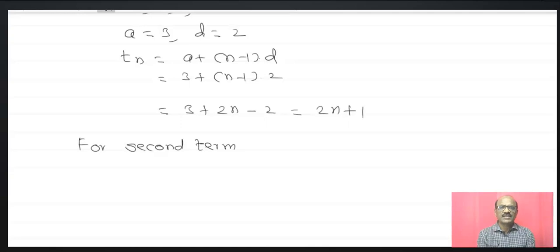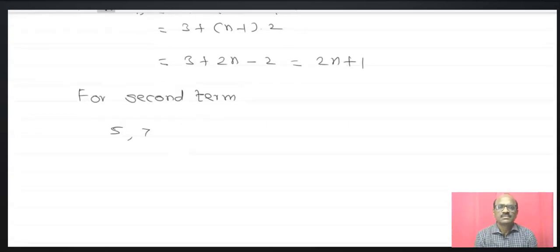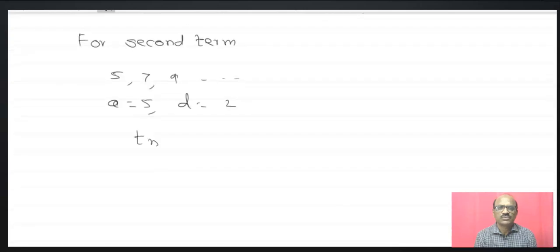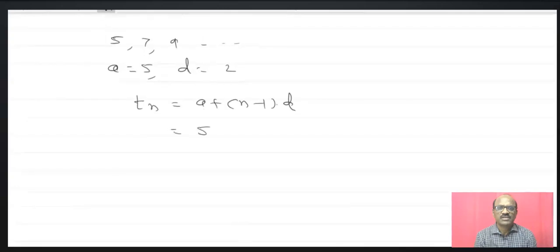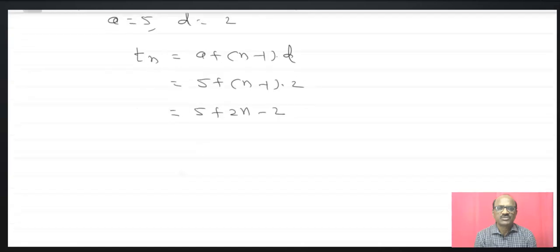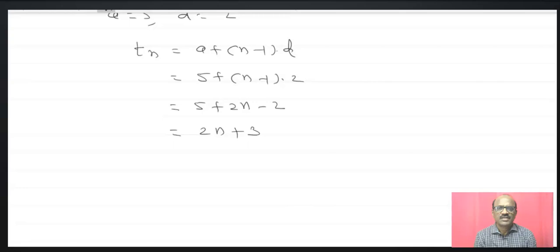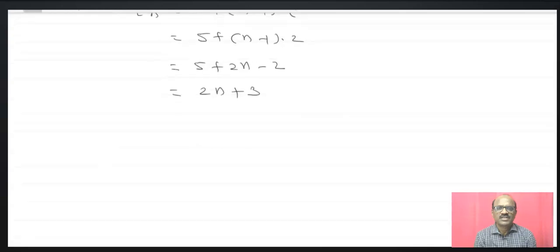Now for the second factor: 5, 7, 9, a is equal to 5, d is equal to 2, then tn is equal to a plus (n minus 1) into d, that is 5 plus (n minus 1) times 2. Simplify this, that is 2n plus 3.